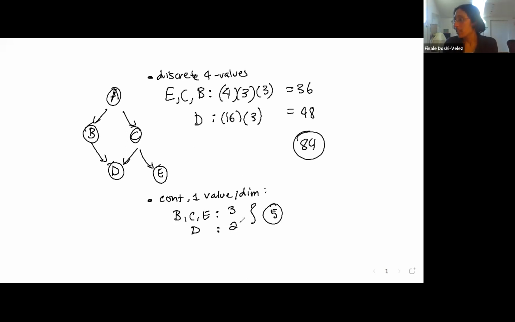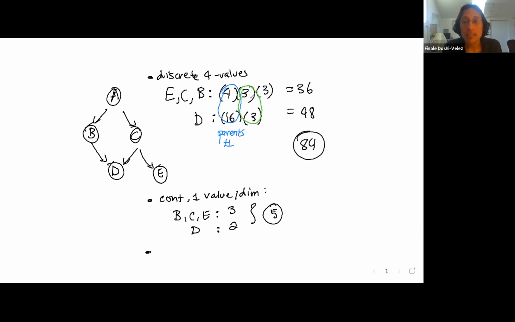And there's a question about what about A? The problem statements just ignore the number of parameters in A, so I'm ignoring that. And where did the 3s come from up here? These are the settings of the parents, so these are the number of parent settings.